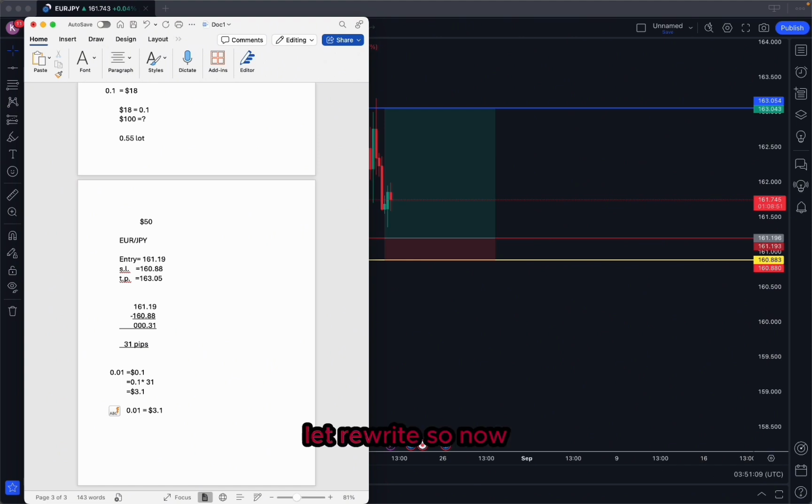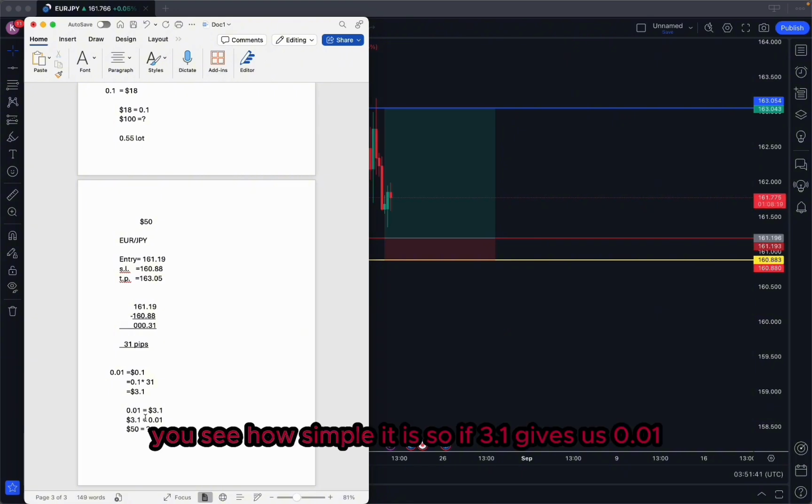So now 3.1 gives us 0.01. Now how many microlots would $50 give us? If 3.1 gives us 0.01, then $50 is going to give us how many?